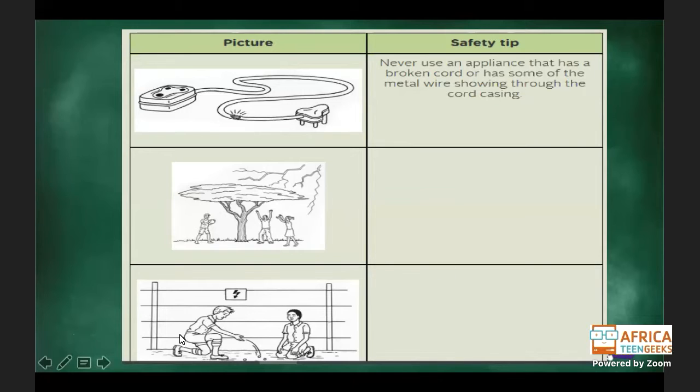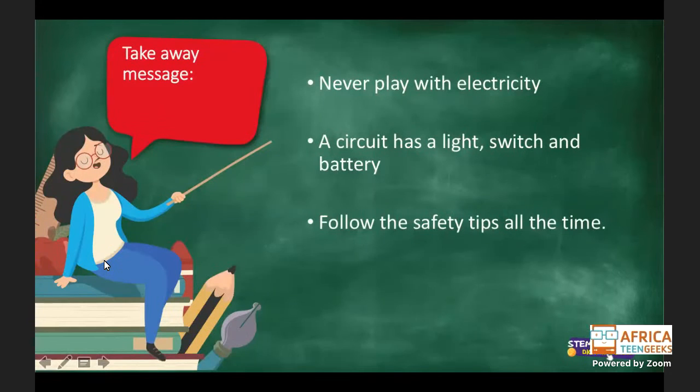Any two safety tips for these boys here? Thank you so much for your brilliant answers.